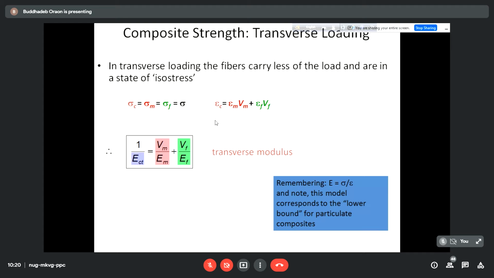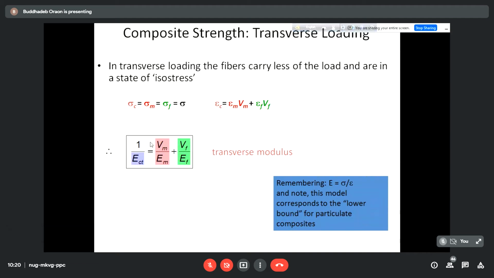Besides this, other assumptions are more or less like your longitudinal loading, but some additional points can be remembered, like the load acts on the same area in each layer and acts perpendicular to each layer. This is also another point, and it is actually the isostress assumption.